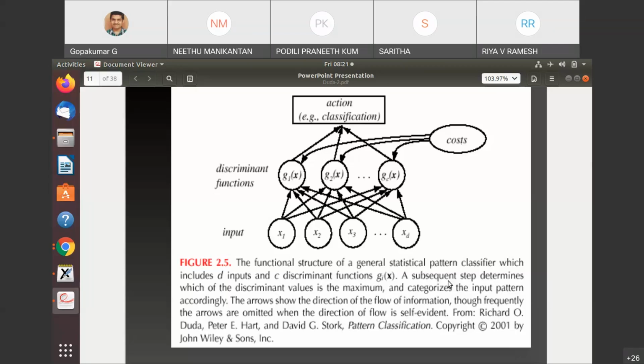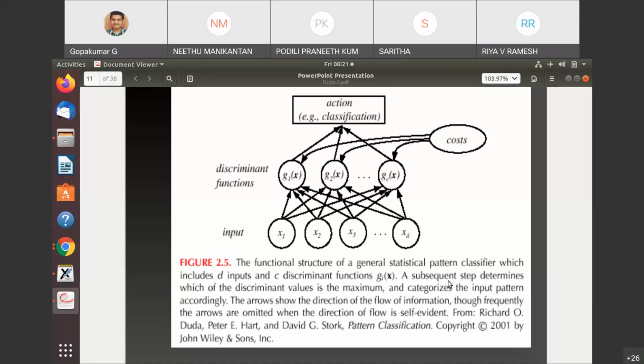And we can also associate a cost to each of the decisions made by the individual discriminant functions. And usually we will take an action based on the maximum value generated by g1 of x, g2 of x, etc. up to gc of x.